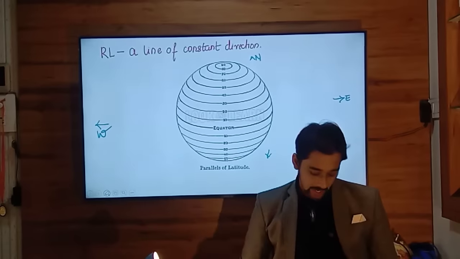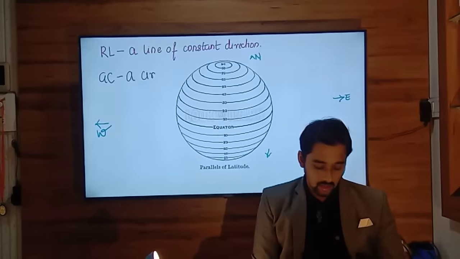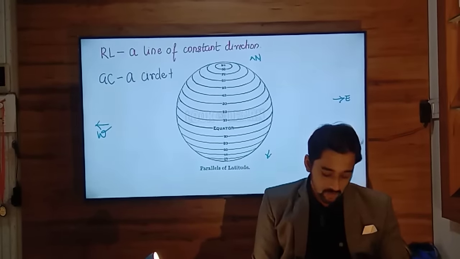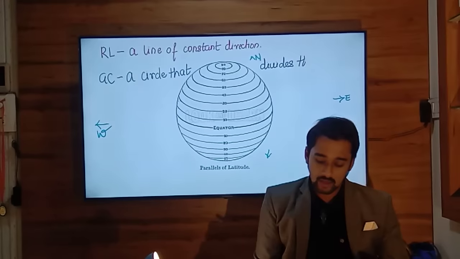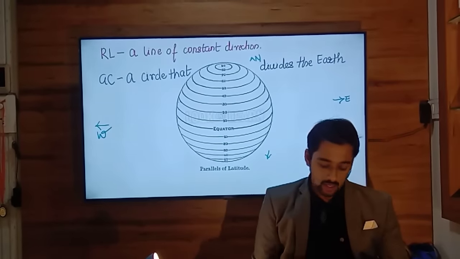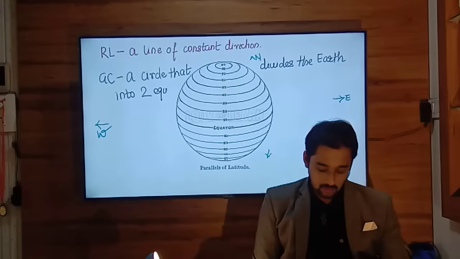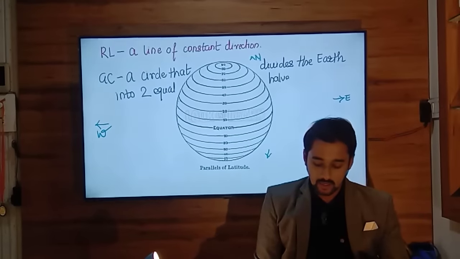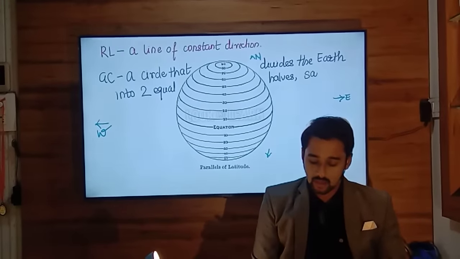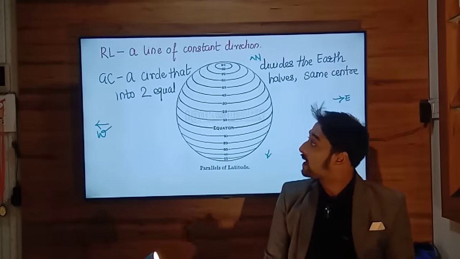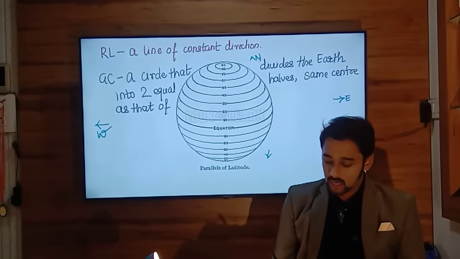Now what does the great circle say? According to great circle, a circle that divides the earth into two equal halves, and has the same center as that of the earth.